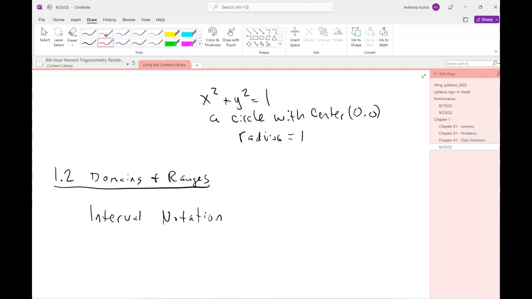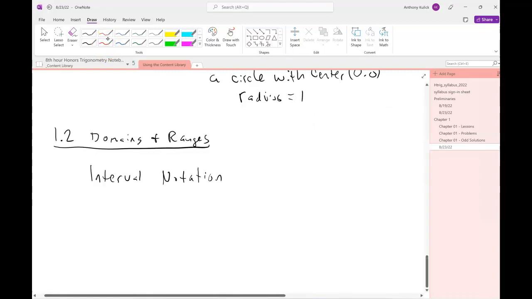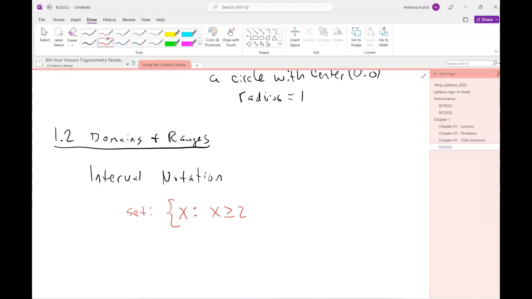Does that feel okay there? Yes? So, if we have, say, this set, the set of x such that x is greater than 2, or greater than or equal to 2.